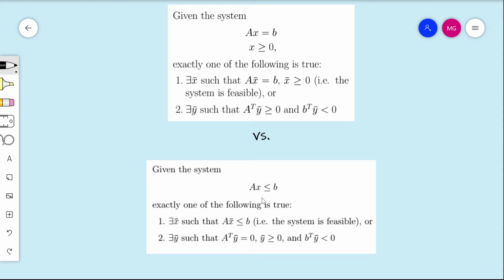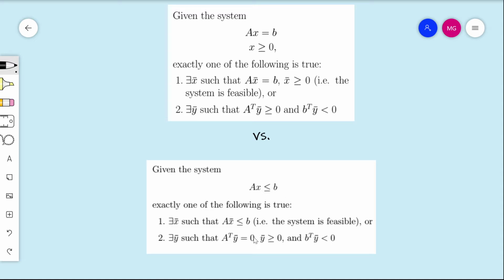And here, what should the same logic do? Well, we should take a primal dual pair of linear programs, and either condition 1, it will be that the primal is feasible, so these constraints will be satisfied, or 2, there exists a y bar such that the dual constraints will be satisfied, and these are the dual constraints, and b transpose y bar is strictly less than 0, and again 0 would be the objective function value for the primal.